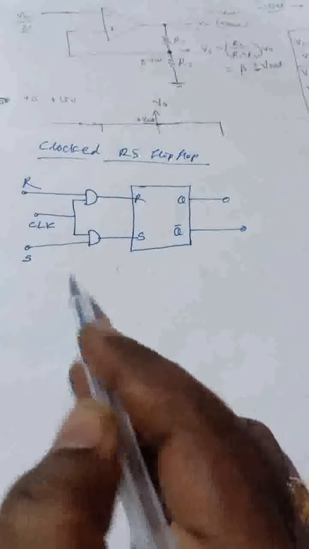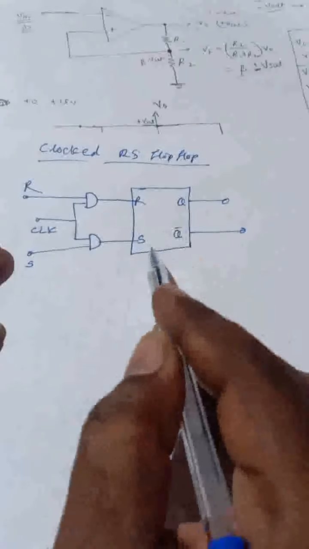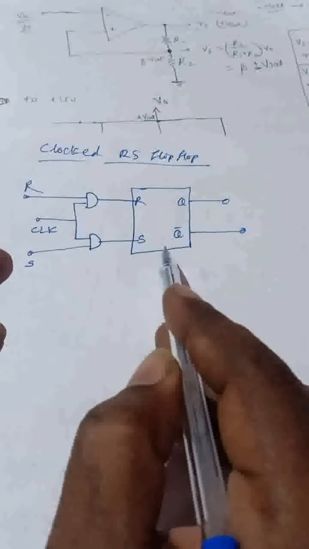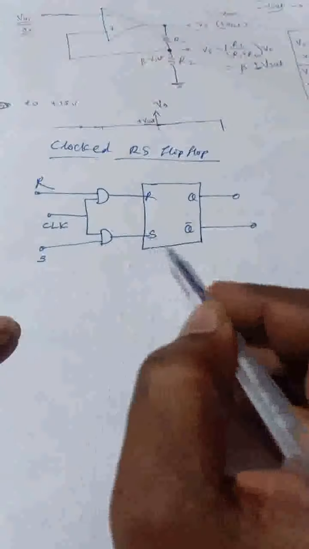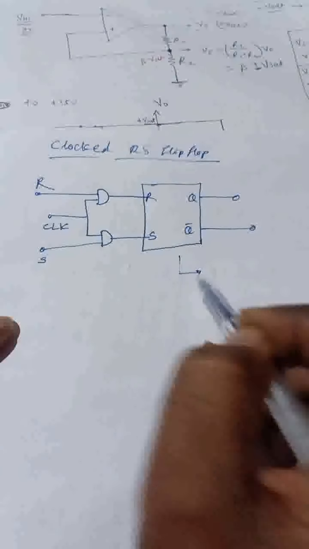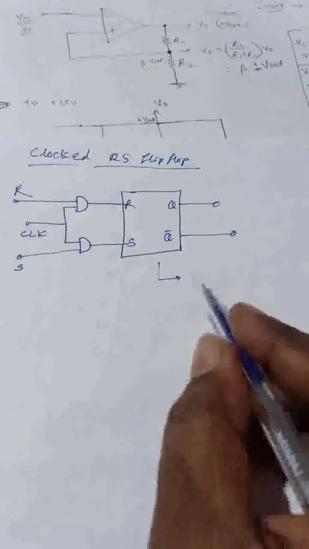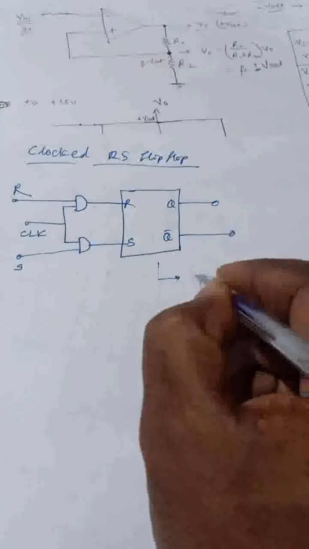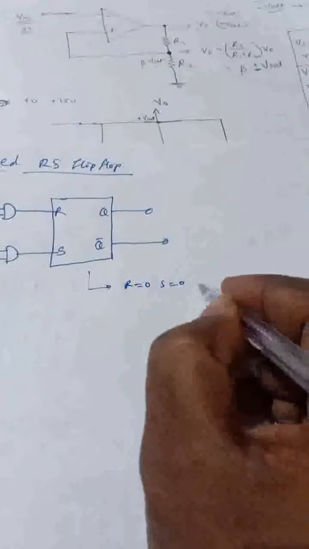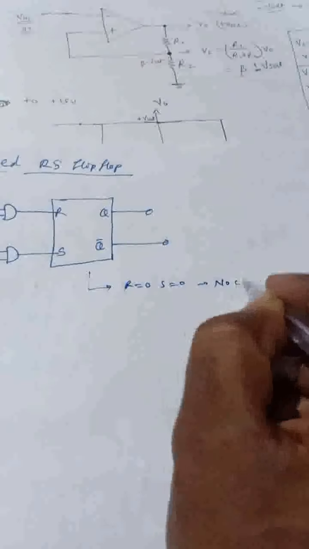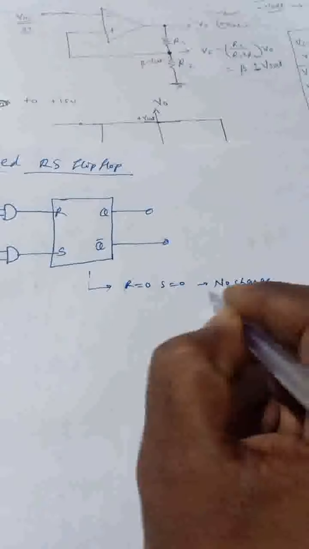We are going to consider a flip-flop which has the 0 0 no change condition. Keep in mind that for this arrangement you choose a flip-flop with a 0 0 no change condition: R equal to 0, S equal to 0 should be a no change condition.